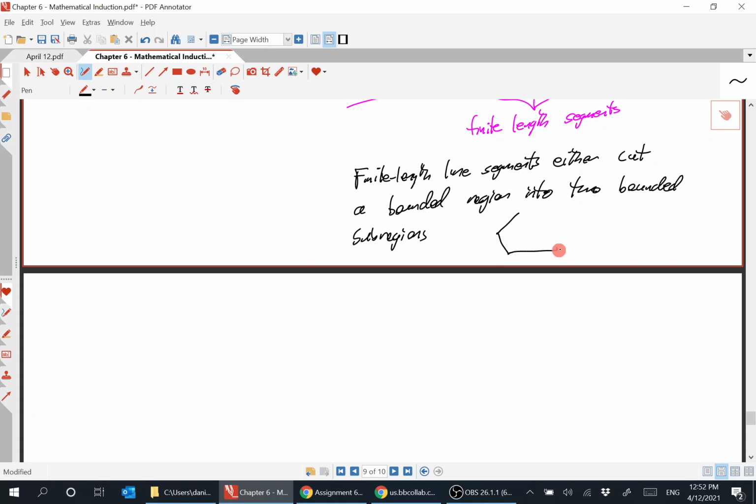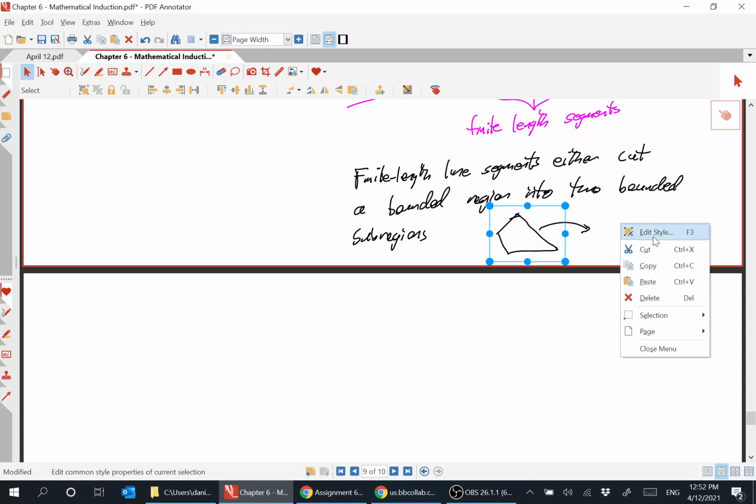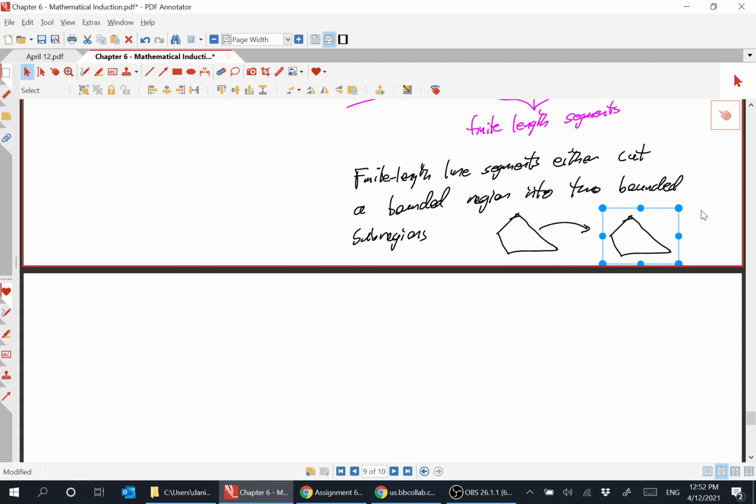So you have some kind of bounded region like that, and then you take that bounded region and cut it into 2 smaller subregions, like so.